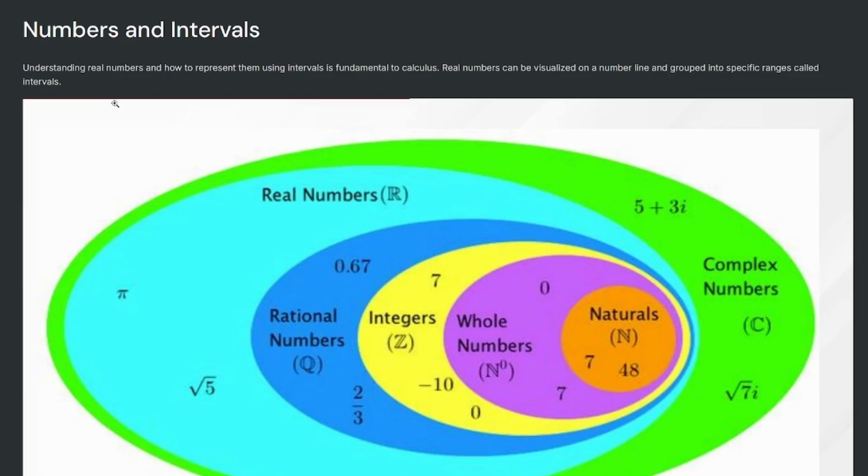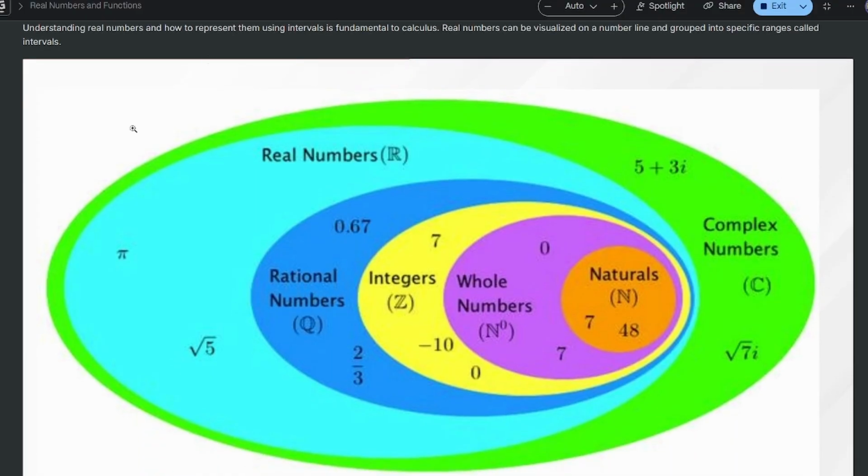Okay, what are the number system and intervals? Basically, this figure includes all the possible numbers you can ever imagine in your life. Let's first dive into the natural number system. The natural number system basically means the numbers from 1 to positive infinity.